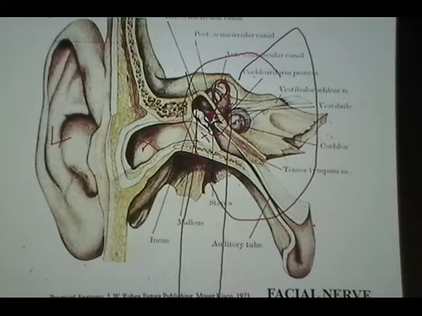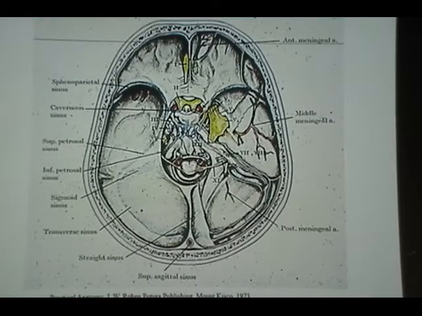The facial nerve goes a little bit deeper in here, and it will then come off of the area of the pons, just like the trigeminal nerve does, and it will go through this opening right here. Okay, and that's the internal acoustic meatus, okay?